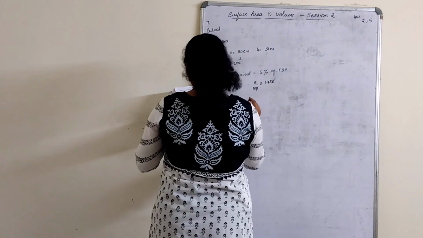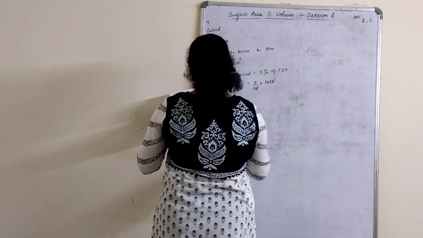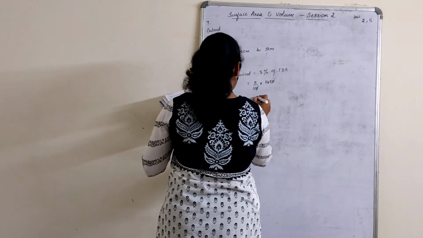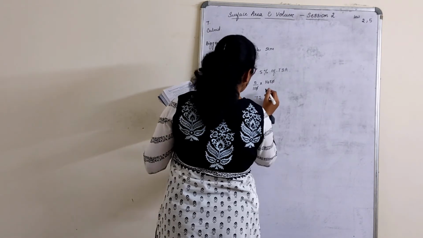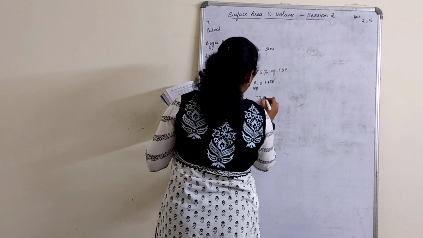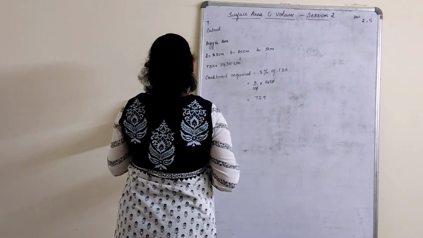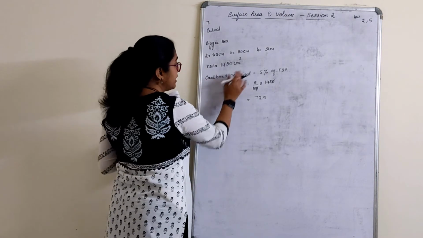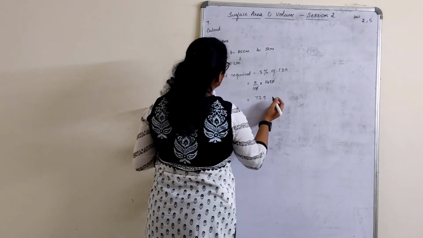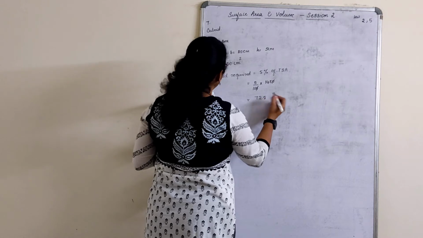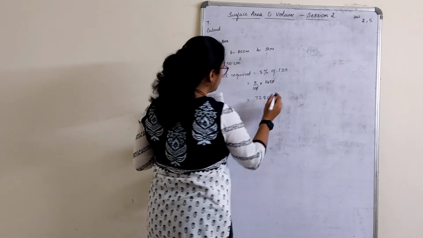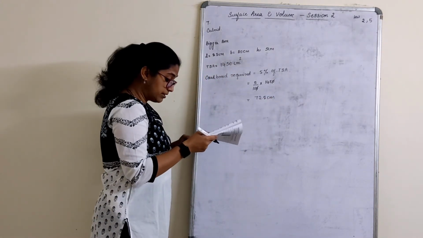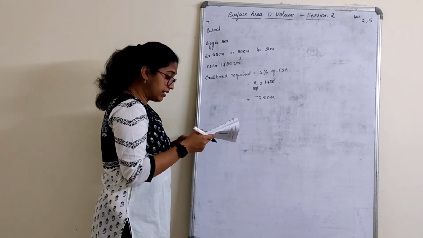So this is how you can do it. The answer you get here is 72.5. So this is the amount, 72.5 centimeter square of cardboard is required here.